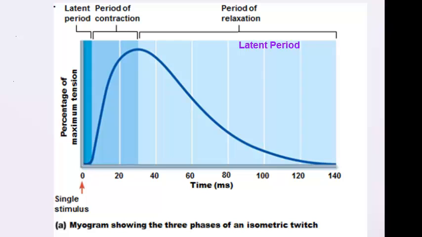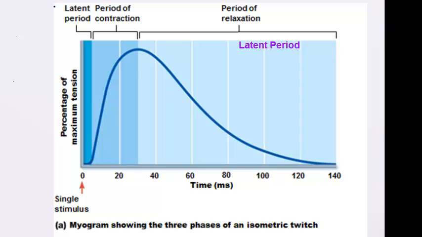During the latent period, it will be the time at which the stimulus has been initiated, but before we have any cross-bridge attachments occurring. Now think of all the things that we discussed so far that occur between the moment that the stimulus begins and we have our first cross-bridge attachment.